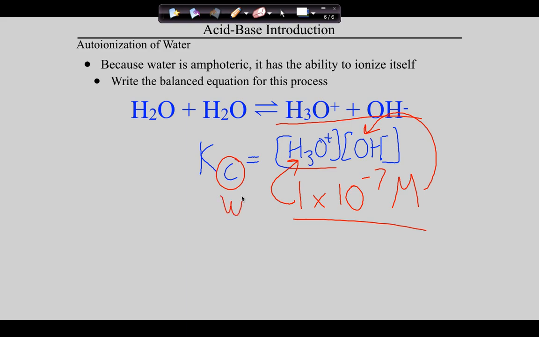Go find it. You got it? So guys, on the back of our equation sheets under equilibrium, you'll notice 1, 2, 3, 4, 5 equations down, it says Kw, and that is equal to the hydrogen ion concentration.